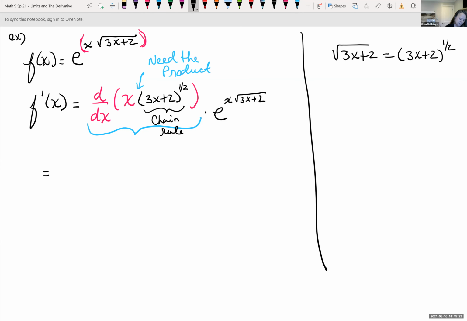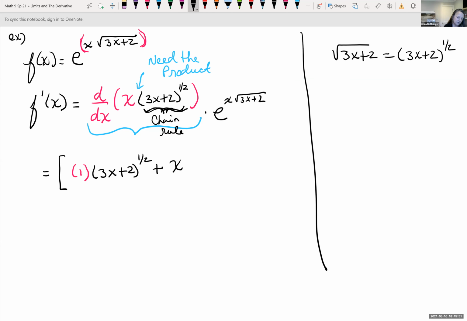In this piece, we have brackets, the derivative of x, which is 1, times the second function, which is 3x plus 2 to the 1/2 power, plus the first function, which is x, times the derivative of the second.